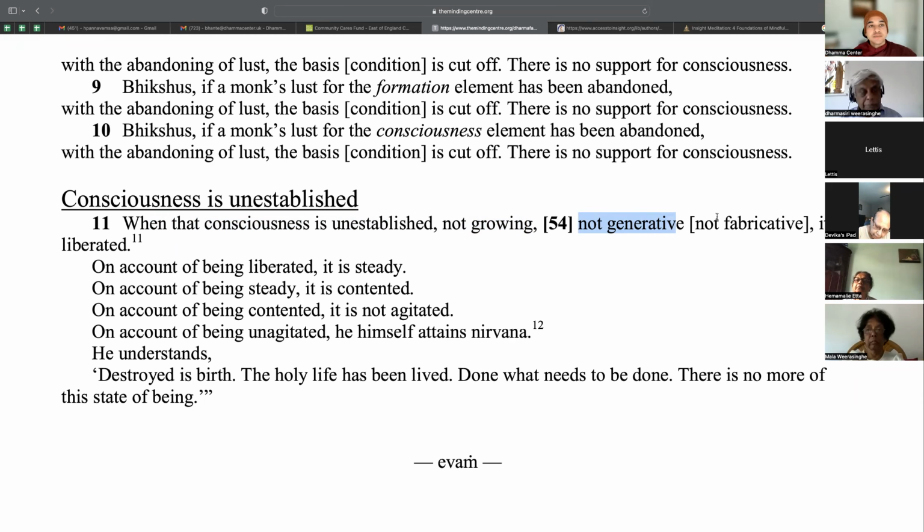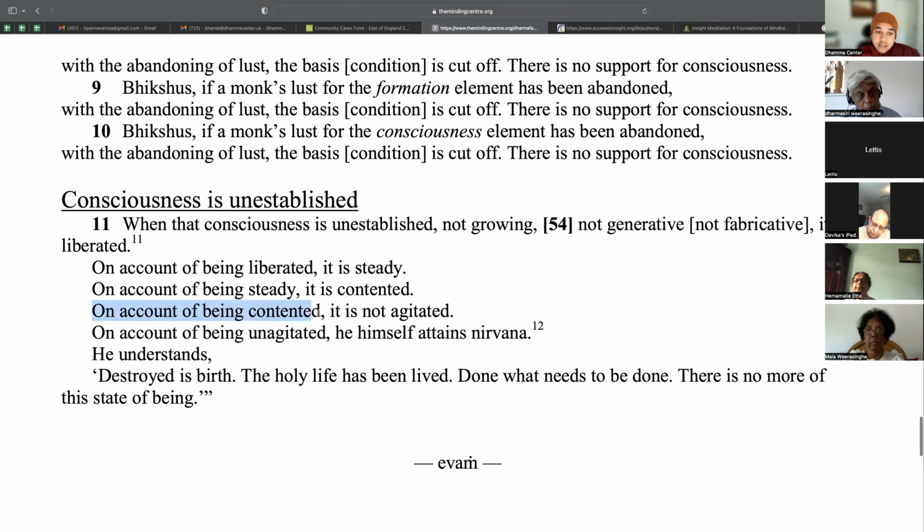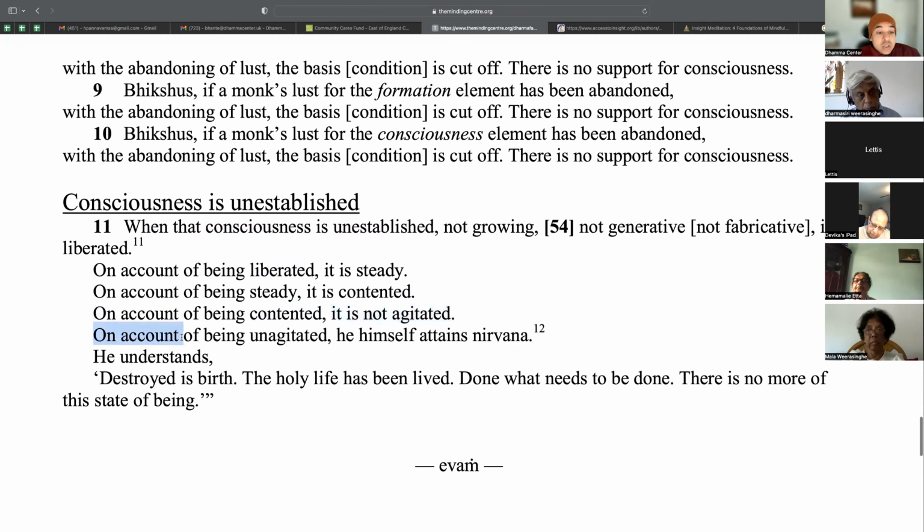It's not there. On account of being liberated, it is steady. On account of being steady, it is contented. On account of being contented, it is not agitated. On account of being unagitated, he himself attains nirvana.